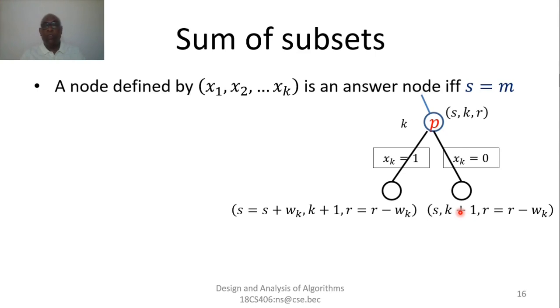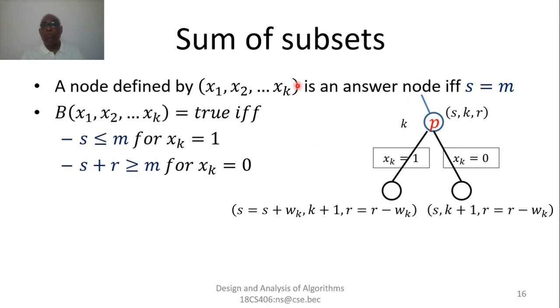And let's summarize now and try to formalize the bounding function. Any node defined by x1, x2, ..., xk is an answer node if S is equal to m, the sum of the weights included so far as defined by the partial solution, that is, sigma i equal to 1 to k of xi wi. If it is equal to m, then it is an answer node. Otherwise, you apply the bounding function B of x1, x2, ..., xk.